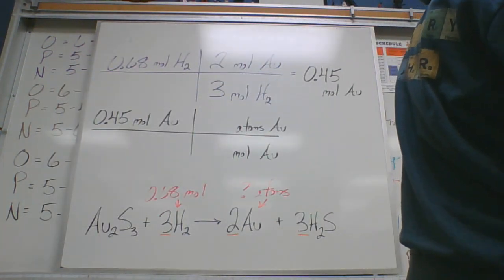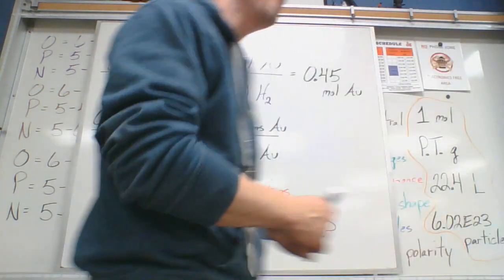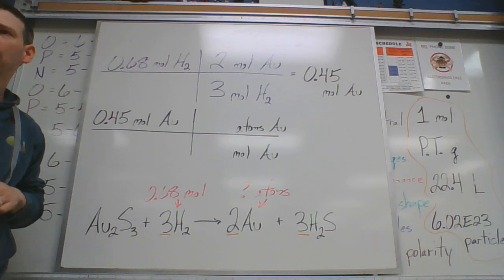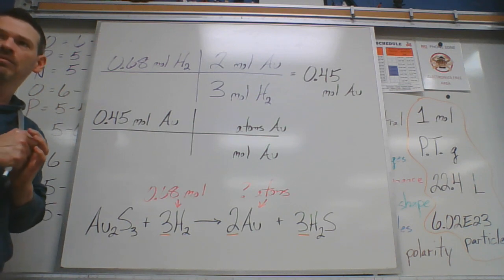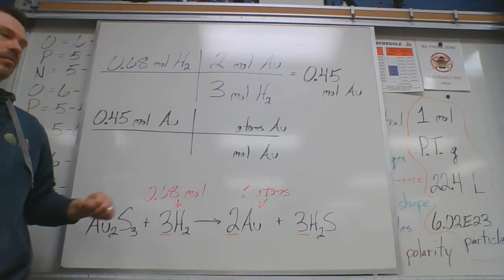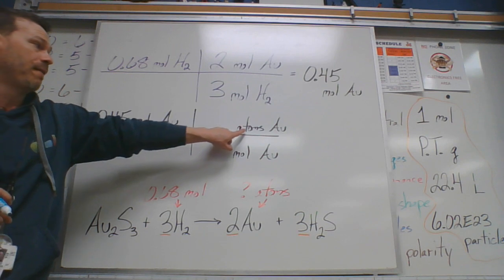Go over to cluster 1 and talk to seat 3. Hey, 1-3, can you tell me what number to put in that square? So use the units. It's not moles over moles. So let this unit help you.